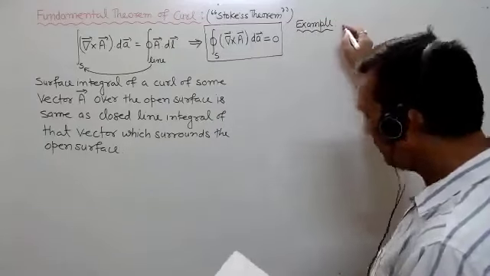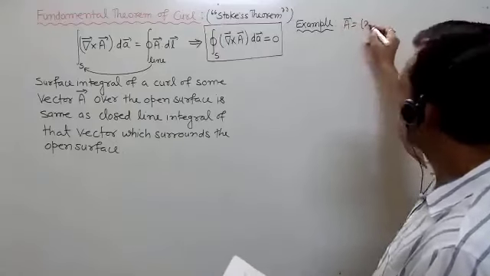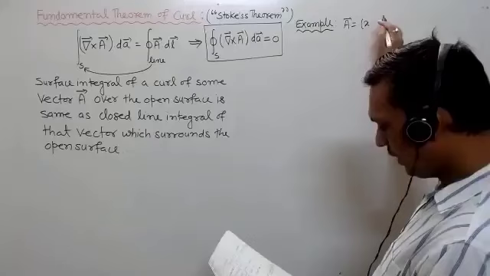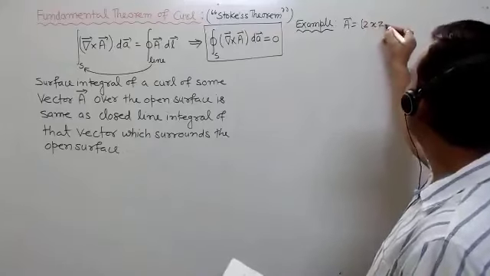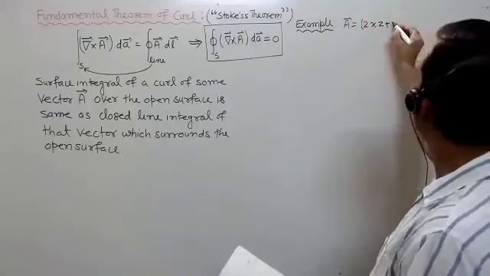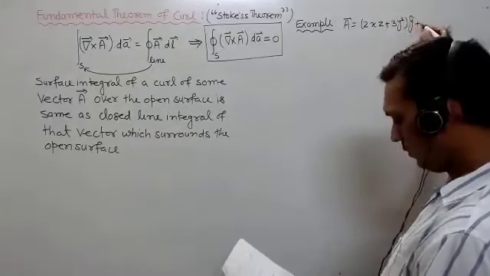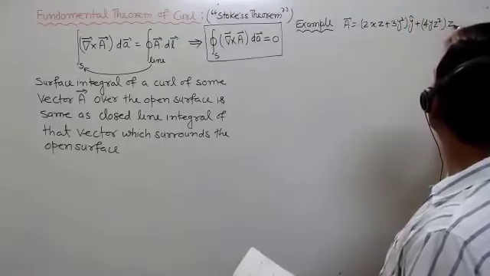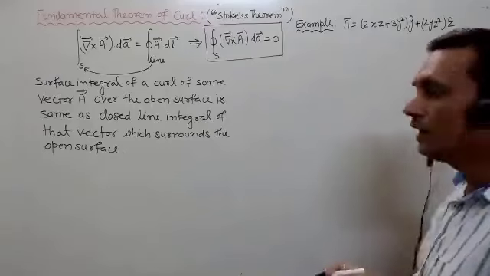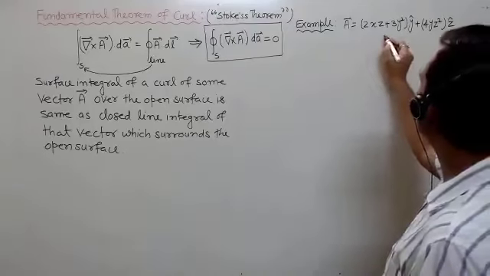This vector field A is 2xz x cap plus 3y square y cap plus 4y z square z cap. This is vector A. So that is given, and an open surface is also given.